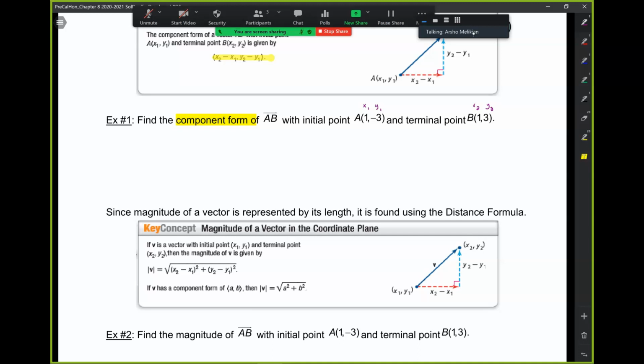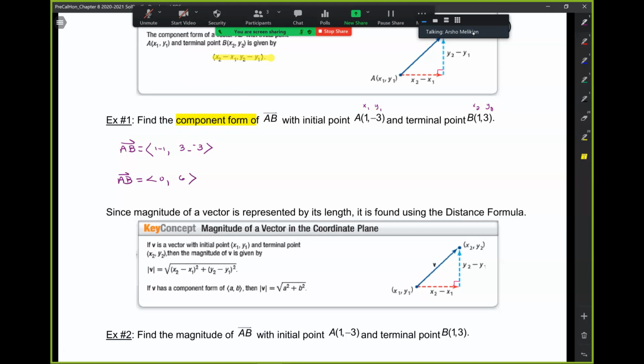Yes. So the component form of AB, I say AB is equal to bracket x2 minus x1, y2 minus y1. So AB is <0, 6>.